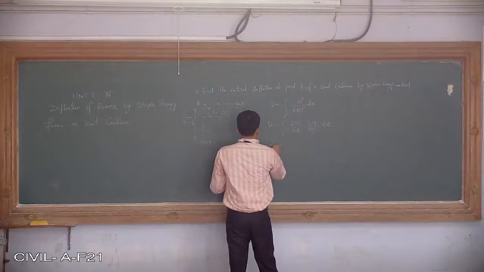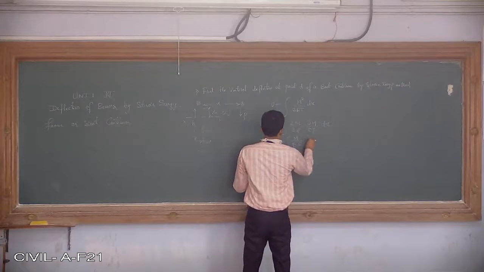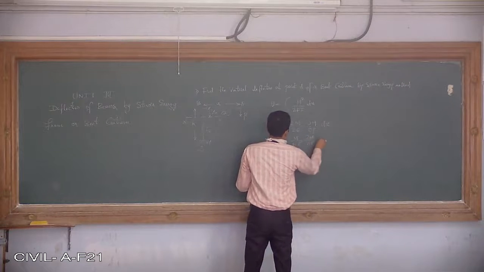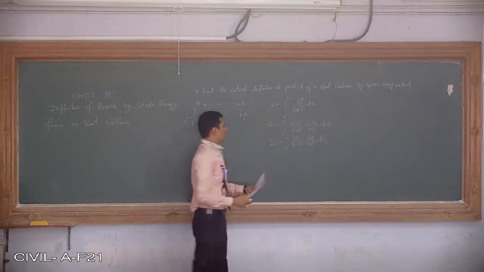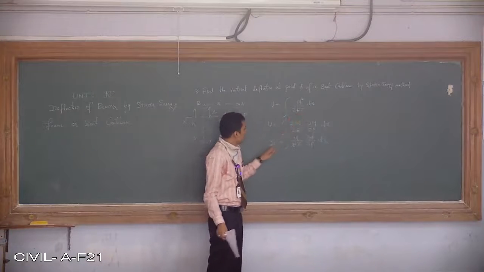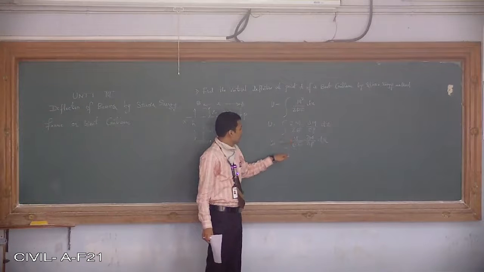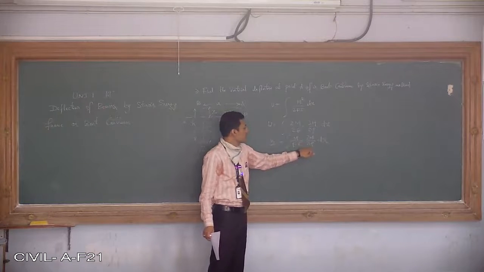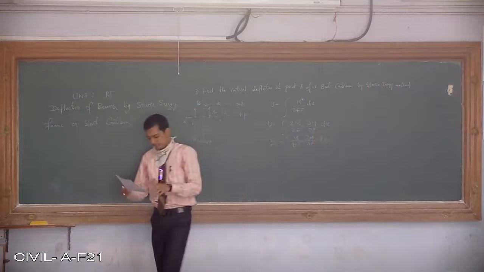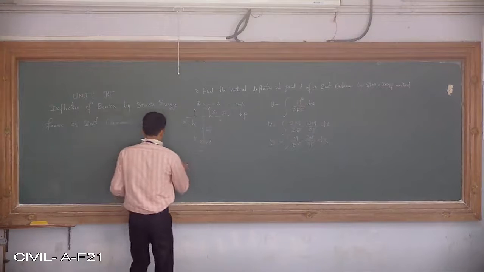The deflection delta is equal to integration of M by EI dou M by dou P dx. No need to split always. Once you write the strain energy as integration of M squared by 2EI dx, directly you can split and write the vertical deflection at A as integration of M by EI dou M by dou P dx.